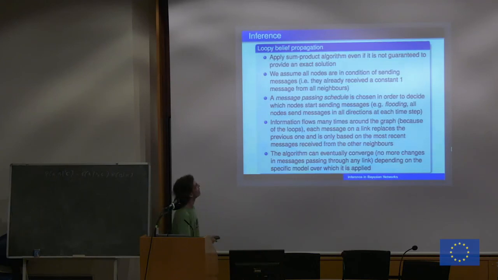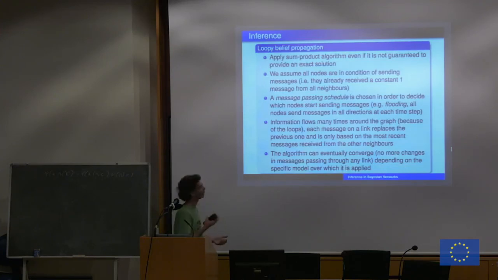Okay. And you can use a schedule for passing messages like flooding, in which everybody simultaneously sends messages. Okay? Now, at this point, at the next iteration, everybody will have received messages and can recompute the message to send using the messages at the previous iteration. Okay? And this can, in principle, go indefinitely.